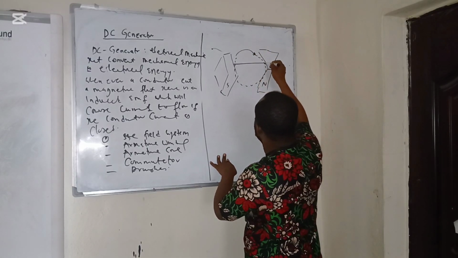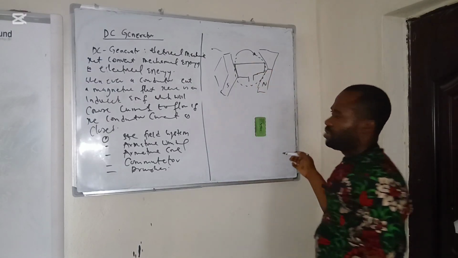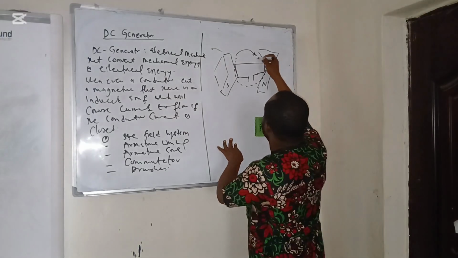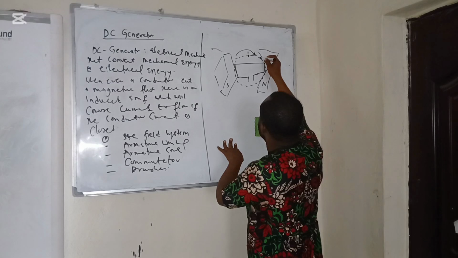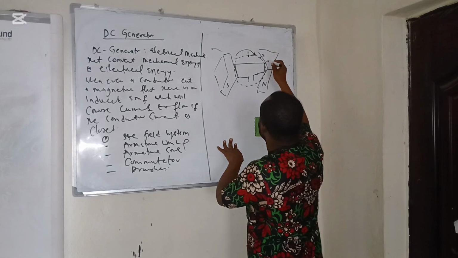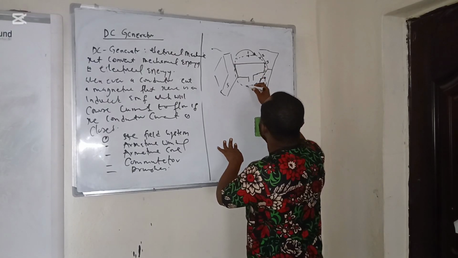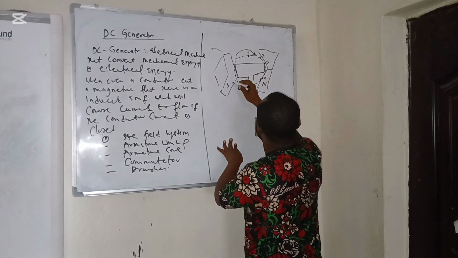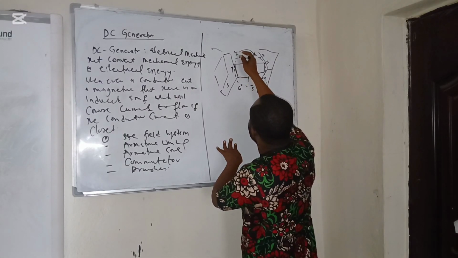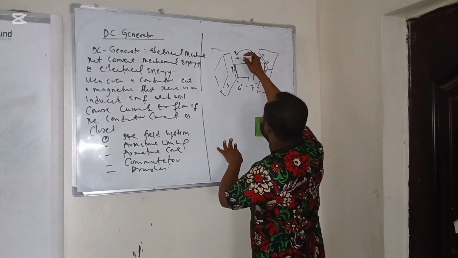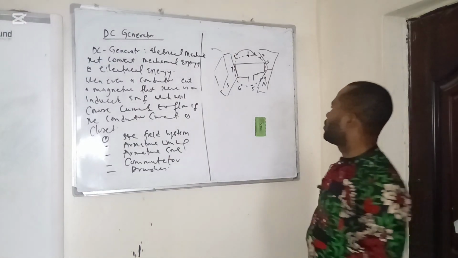We also have a conductor that cuts the flux in this direction 1, and also this direction 2, direction 3, direction 4, direction 5, direction 6, direction 7, and direction 8, until we get back to 1.